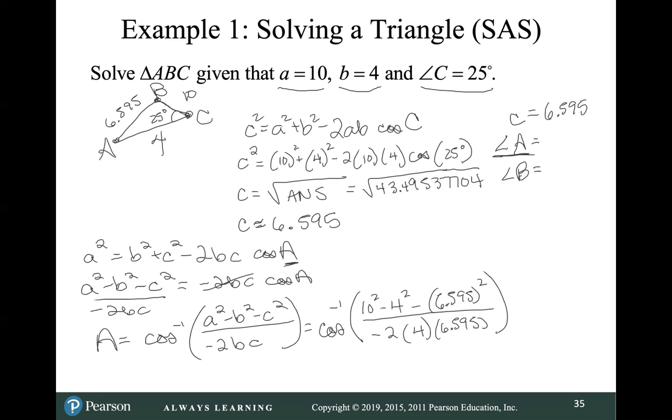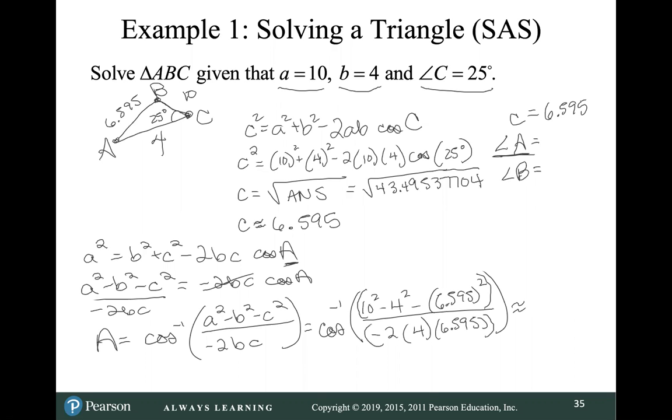Into the calculator that goes. Make sure you're trying this in your own calculator, because especially for things like this, the way that you type it into the calculator needs to be practiced. The whole numerator needs to be grouped together. The whole denominator needs to be grouped together.